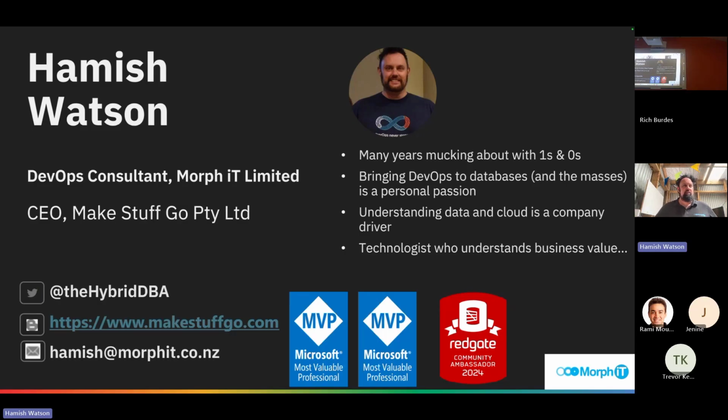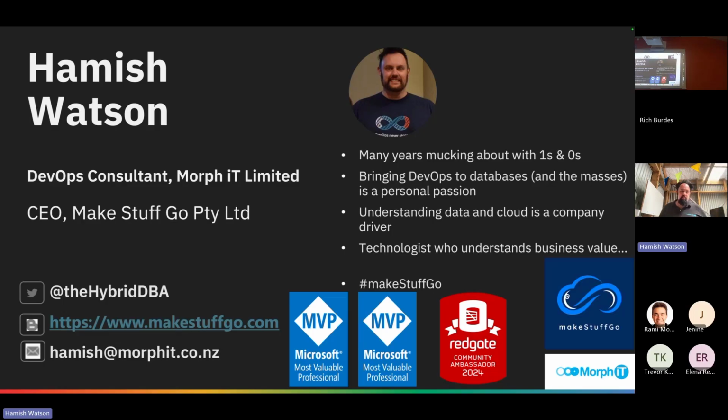Anyway, that leads into this. I am a technologist who understands business value. I'm a bit of a geek and I like technology, but I really like linking it to business value, hence why I'm speaking at this event, albeit from my shed. Every action that I do, be it tuning indexes, helping people with infrastructure as code in their cloud environments, or implementing new ways of working through Kanban, I intrinsically link to business value.